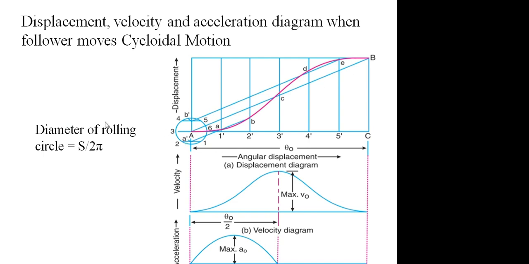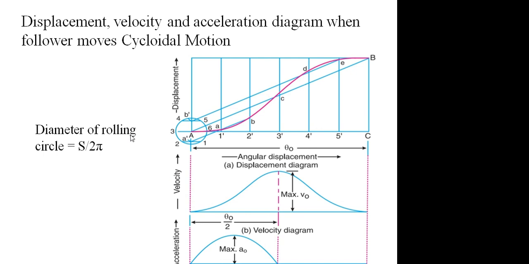So the diameter of this rolling circle is equal to capital S divided by 2 pi, where capital S is the lift or stroke of the follower in mm. So you will get the diameter of the rolling circle in mm.